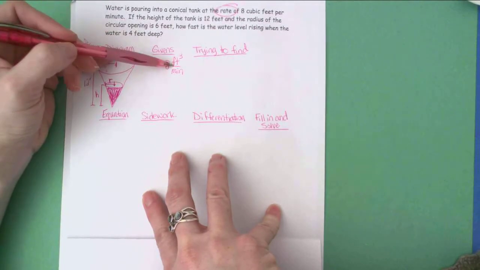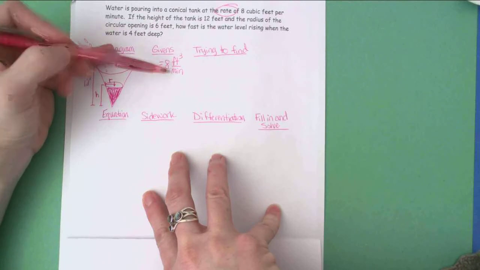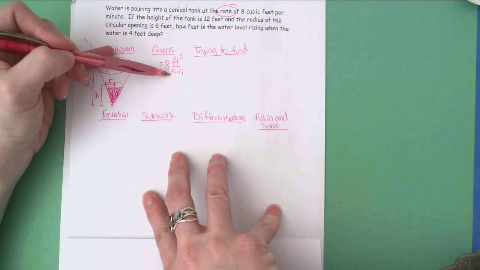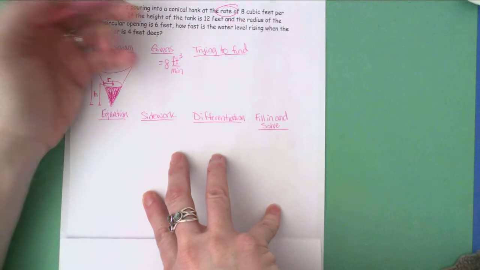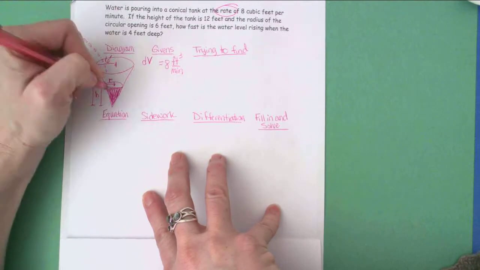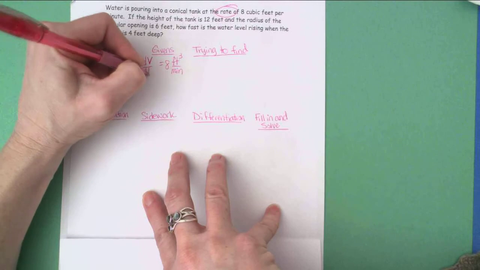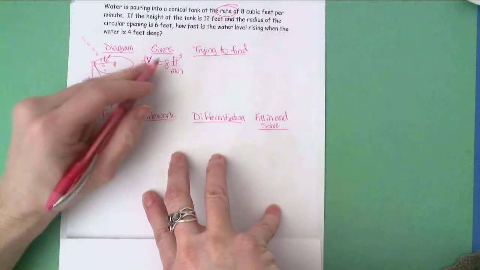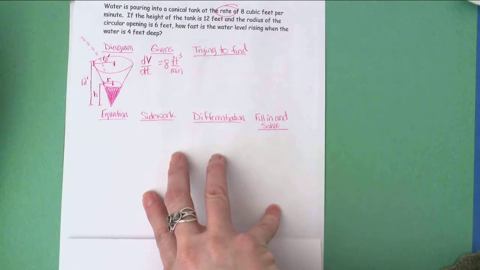Cubic feet is volume. Minutes are time. So what I'm being given is a change in the volume in this tank with respect to time. This is how quickly the volume of the tank is changing. So each minute, 8 more cubic feet of water going in.